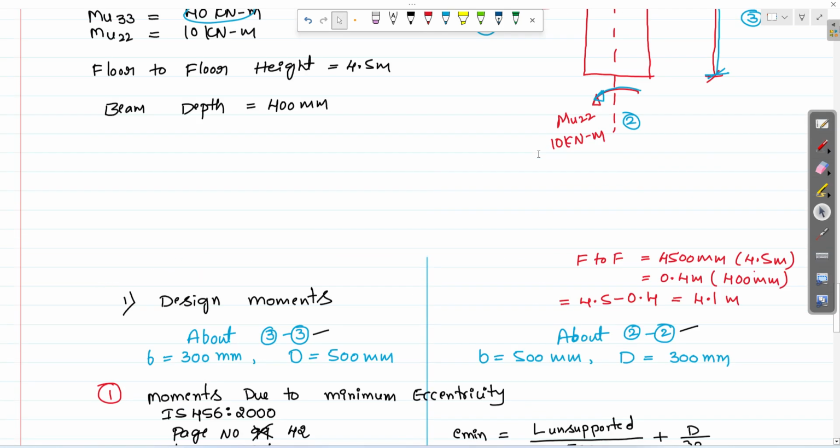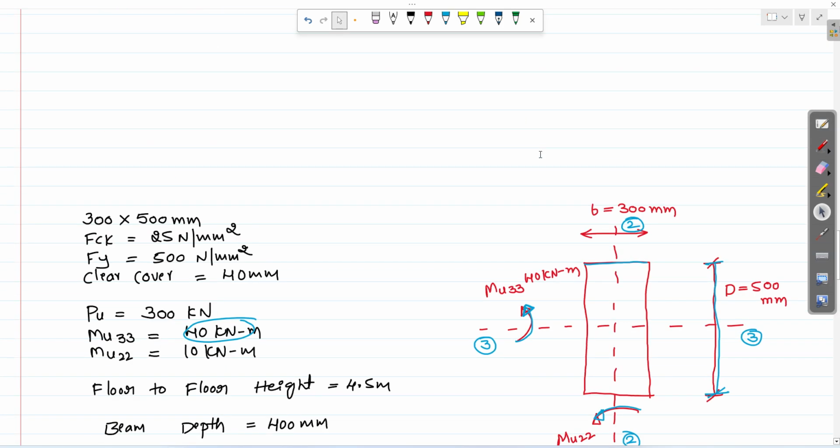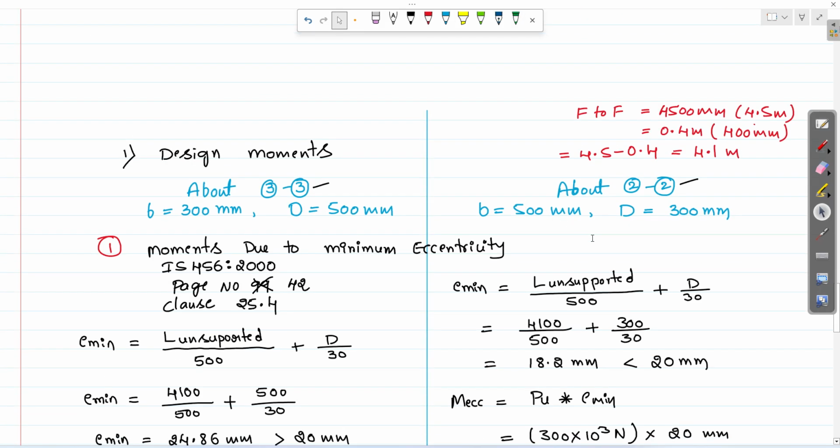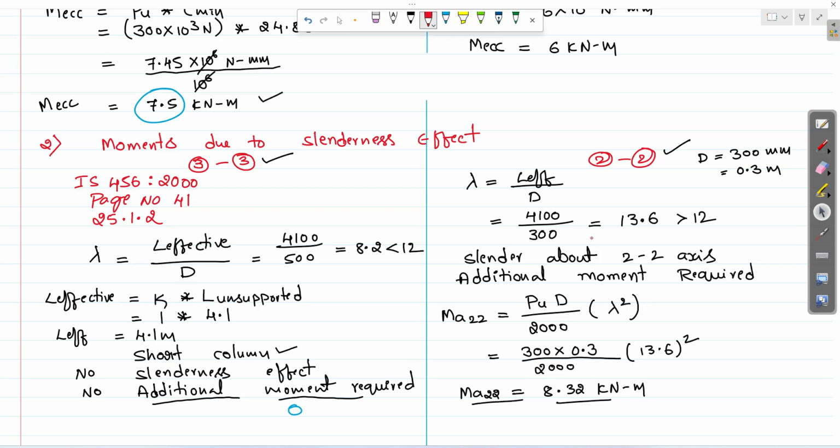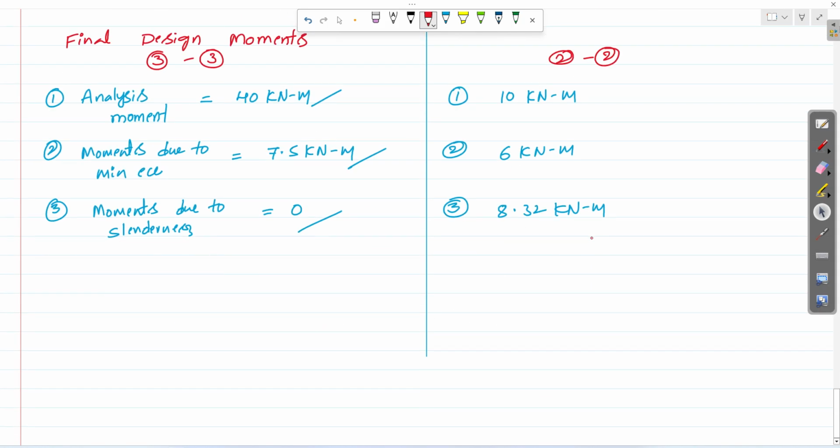So similarly for 2 2, analysis moment is 10, minimum eccentricity moment 6, moments due to slenderness effect 8.32. So 10, 6, 8.32. Okay.